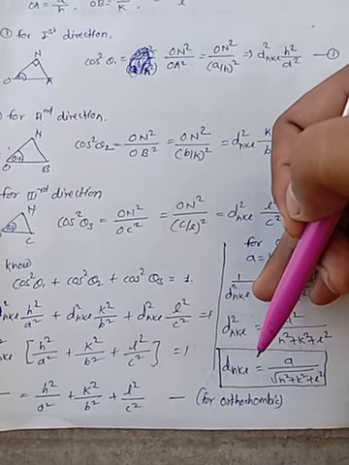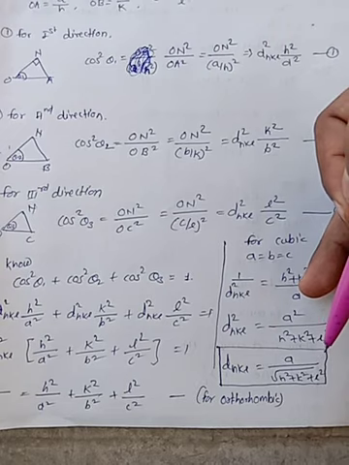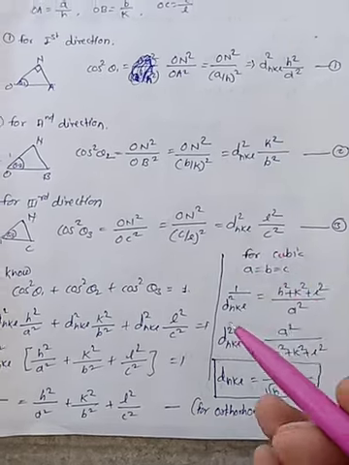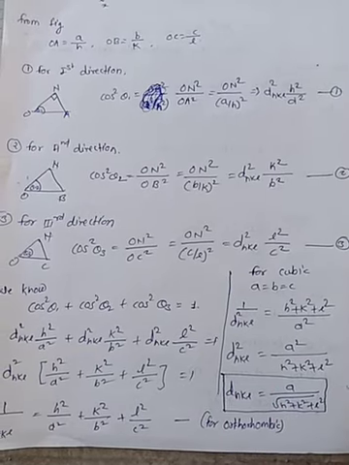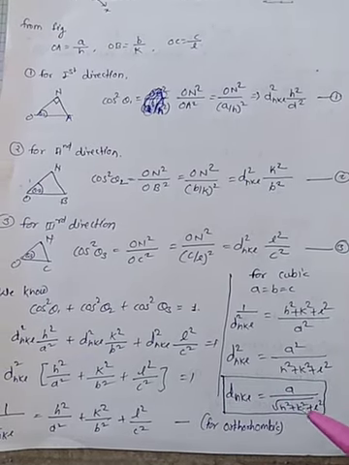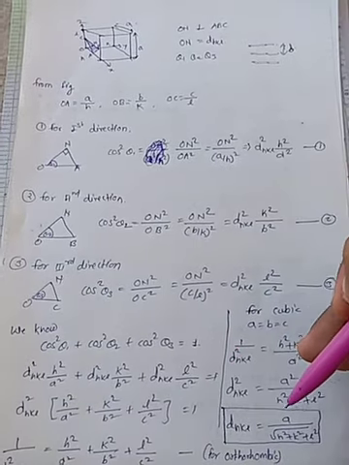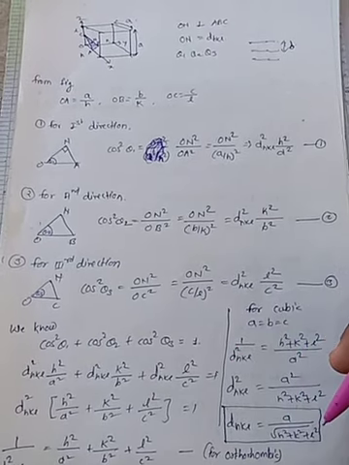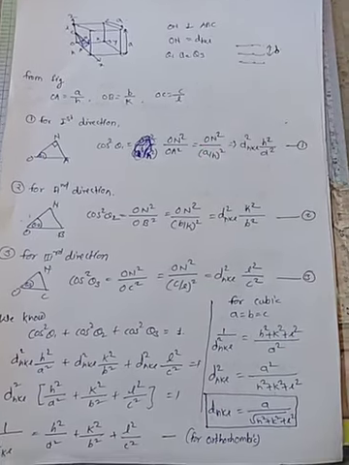So d HKL is equal to a upon square root of h square plus k square plus l square. This is the required formula for finding the distance between two successive planes, the interplanar spacing, in the cubic crystal system.